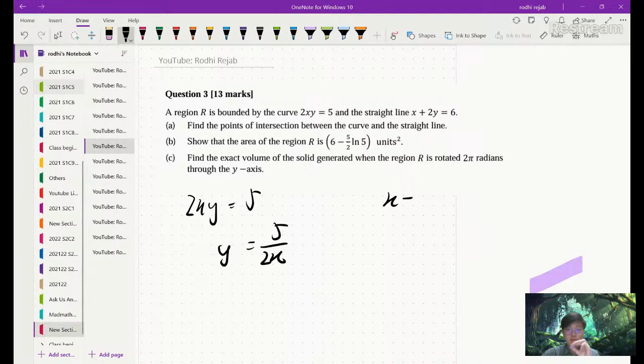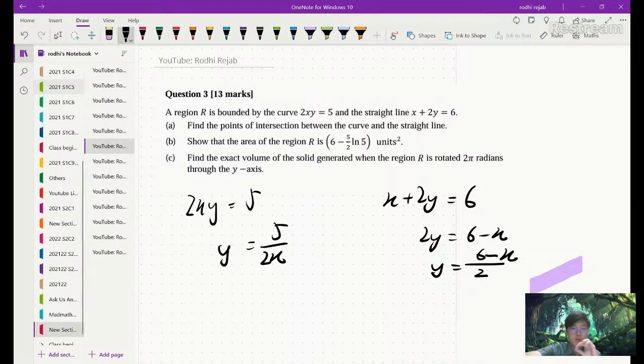Okay, and then the second one, move x to the other side: 2y equals 6 minus x, so y is equal to 6 minus x over 2.